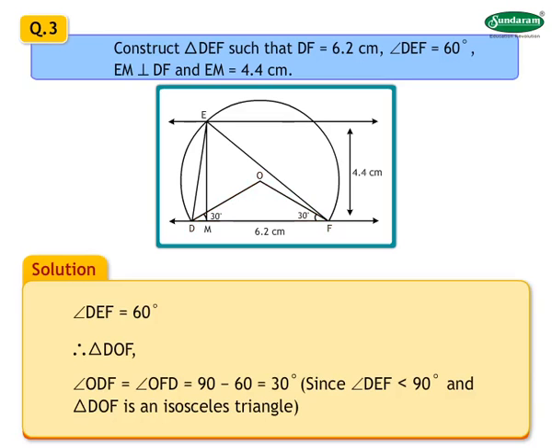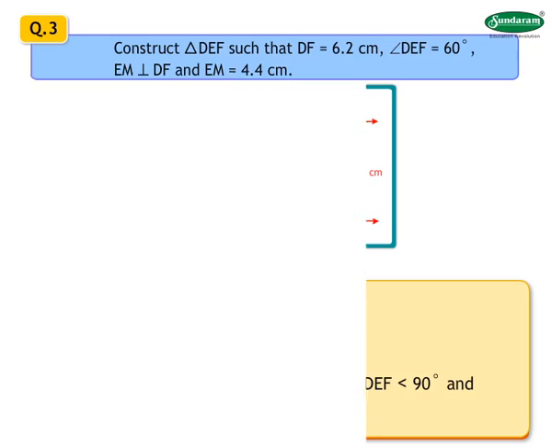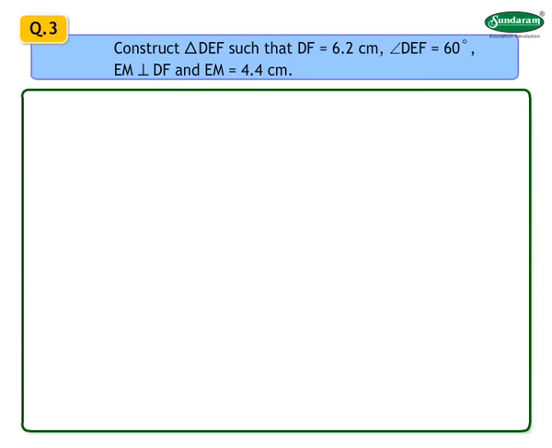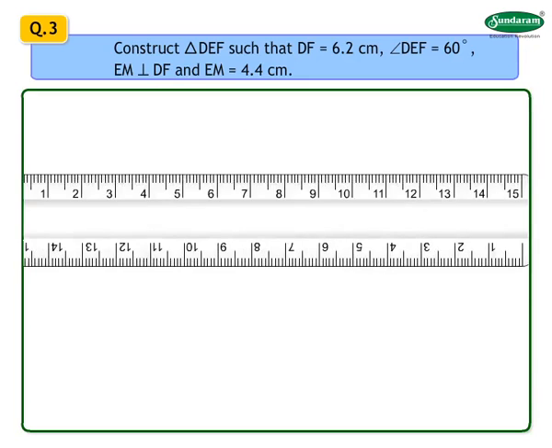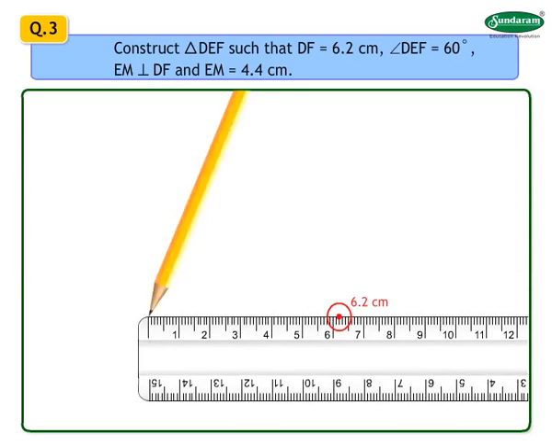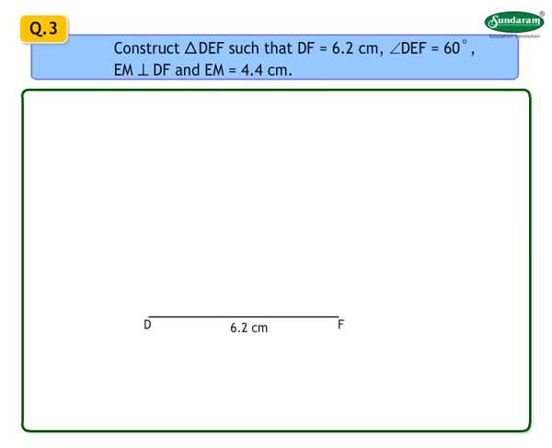To fix up the point E on the arc DEF, draw a line parallel to DF at a distance 4.4 centimeters from segment DF on X side. Now, let's look at the construction. Draw segment DF of length 6.2 centimeters.